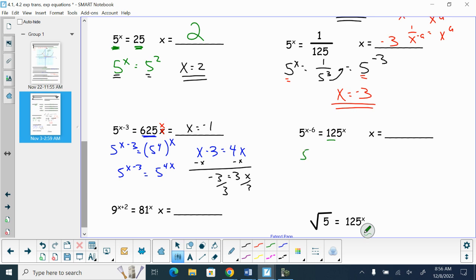Don't try to do many things at once. Should have a 5 cubed there. We then have a power to a power. Using your properties of exponents, power to a power, you multiply them, and then solve the equation.